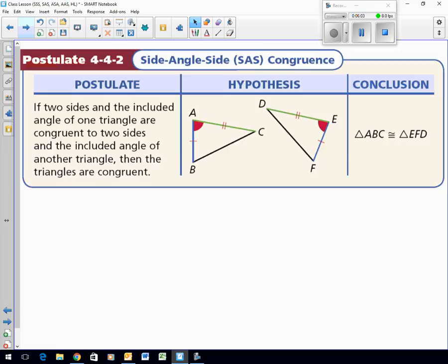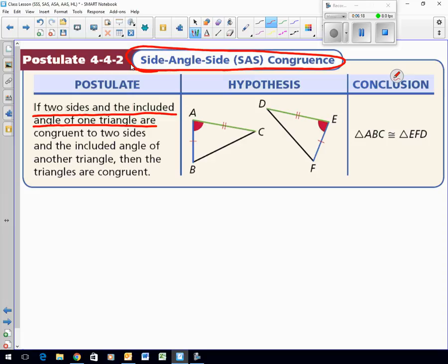That gets us to this particular theorem, our side angle side congruence postulate. If two sides and the included angle of one triangle are congruent to two sides and the included angle of another triangle, then the triangles are congruent.